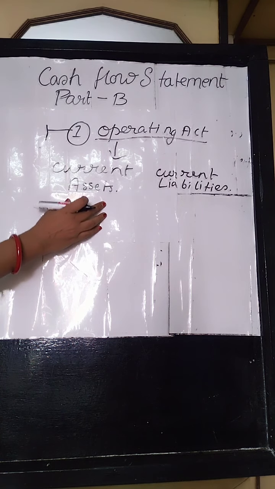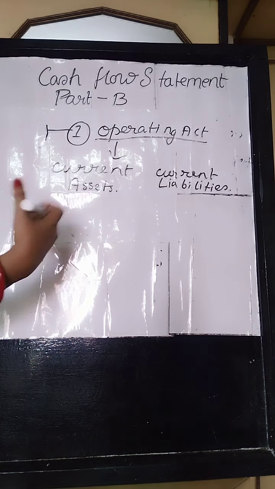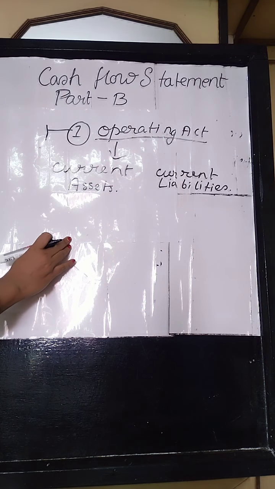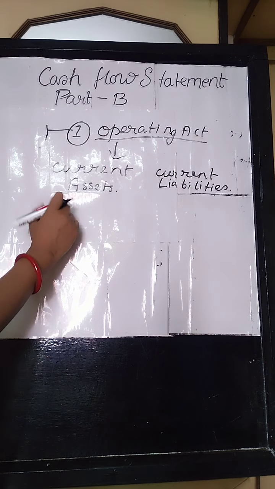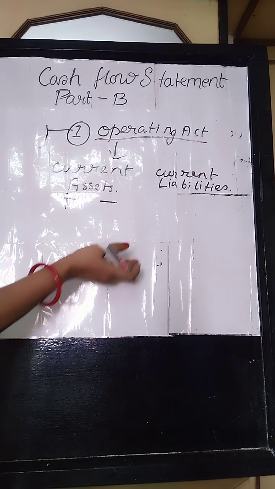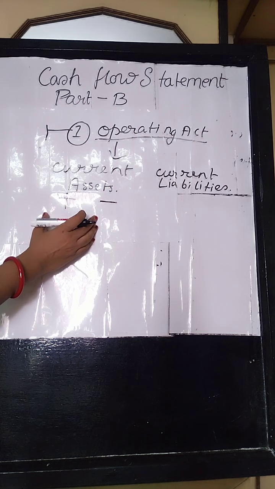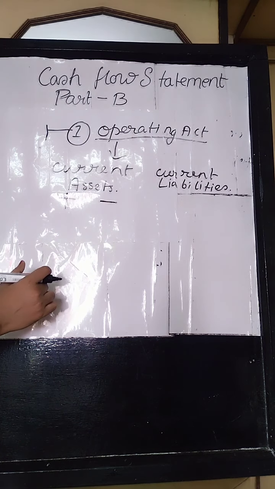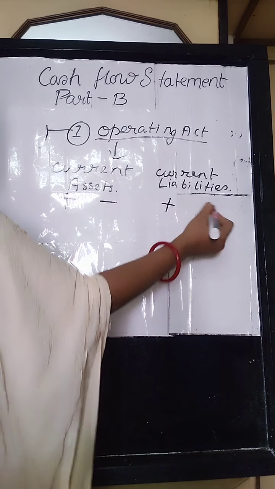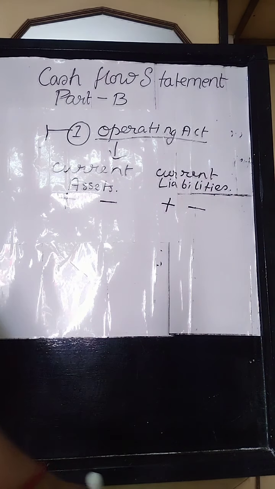Operating activity deals with the disposal or purchase of any current asset. If any current asset is created, that is added, or disposed, that is subtracted, it is a part of operating activity. A current liability can also be created, or it can be disposed from the business.